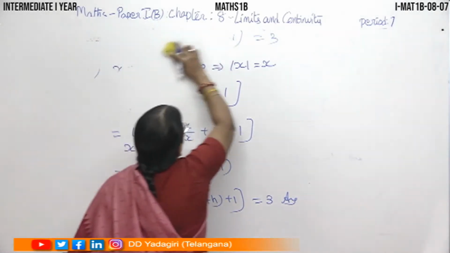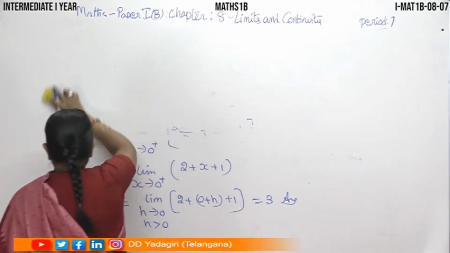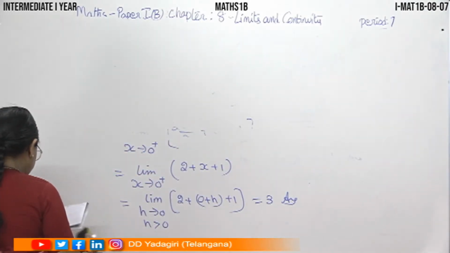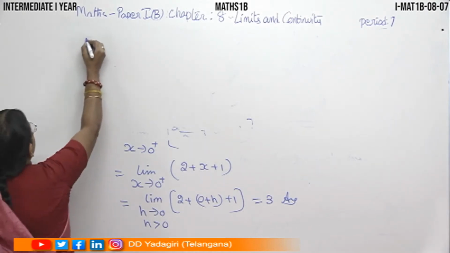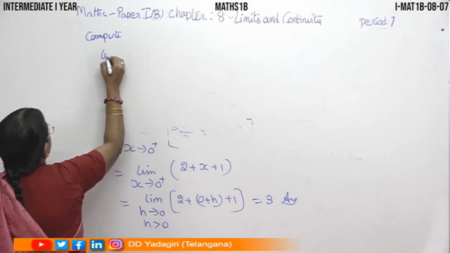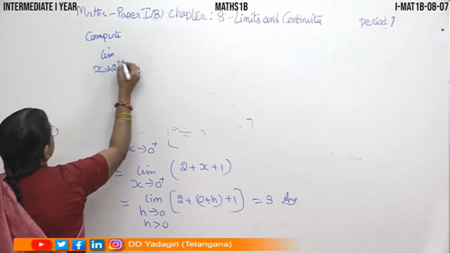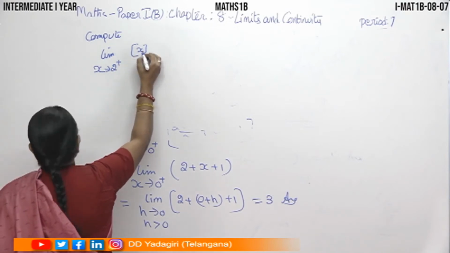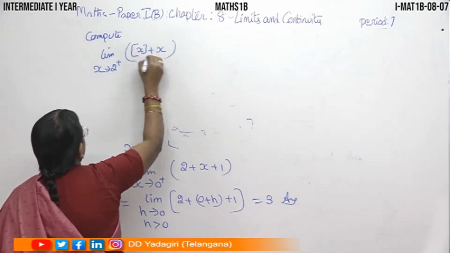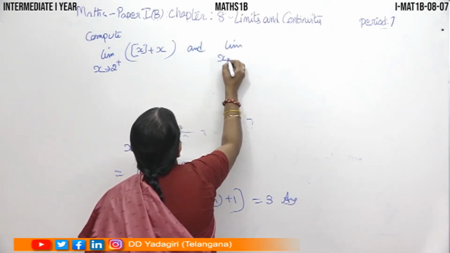Okay, next problem, that is again very important. The step function problem is again very important. The question is: compute the limit as x tends to 2 plus of step x plus x, and the limit as x tends to 2 minus.